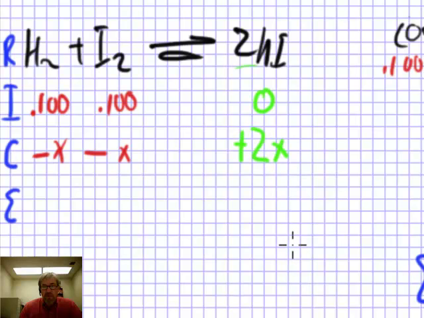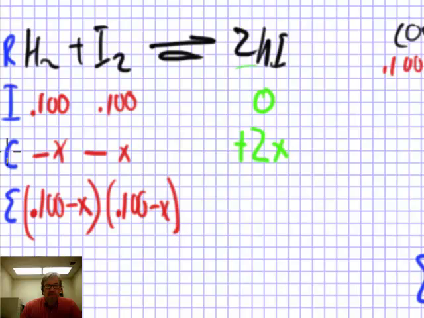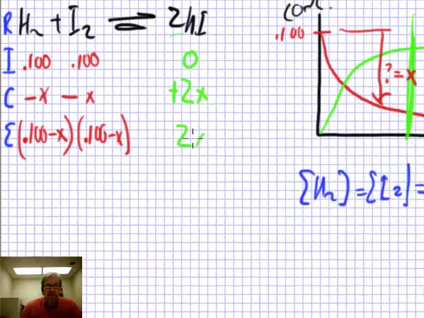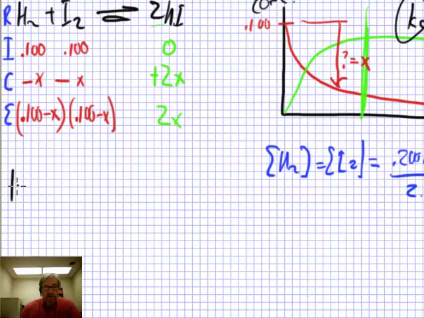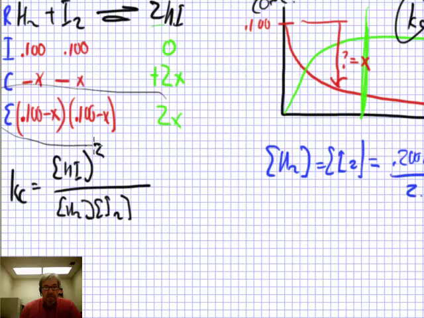So our concentrations when we reach equilibrium are this. At equilibrium, in the E row, 0.100 minus X will be the concentration of H2. Concentration of I2 will also be 0.100 minus X, and the concentration of HI will be 2X. So what's Kc again? Well, Kc is going to be concentration of HI at equilibrium squared divided by the concentration of H2 times the concentration of I2 at equilibrium. In terms of our chart here, in the equilibrium line, we now know what concentrations of all these species are.